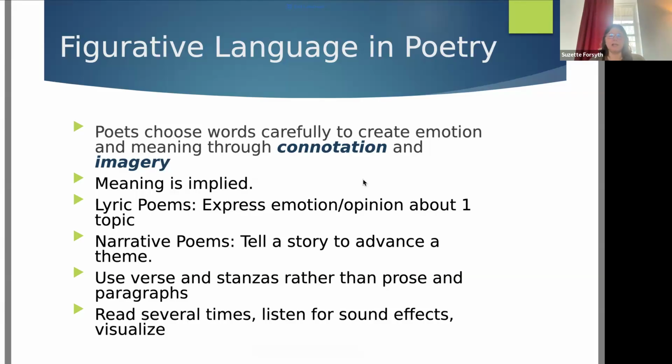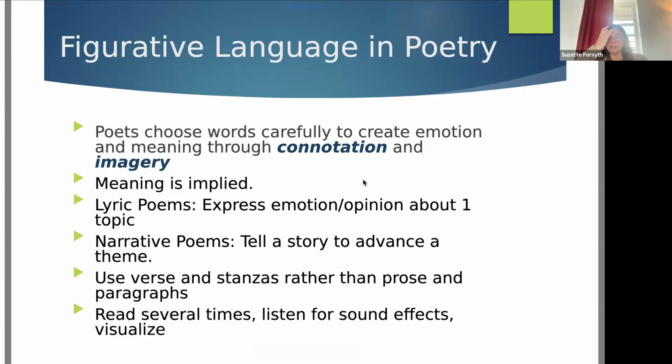And the word choice is highly important because you want to create emotion, right? To convey whatever it is you're trying to convey. So connotations and imagery, sensory details really go a long way in poetry. So you look at those words and how do they create those feelings? How do they create those images?